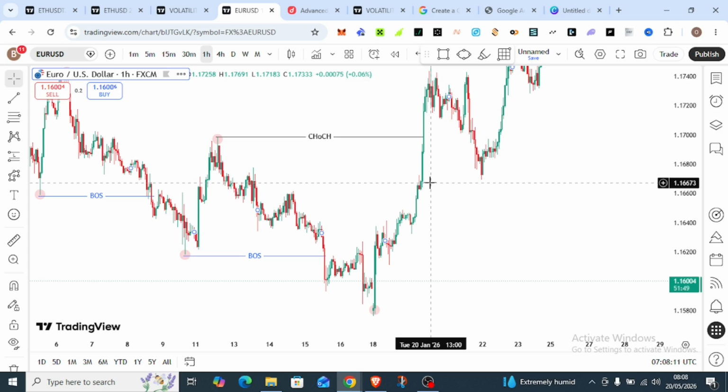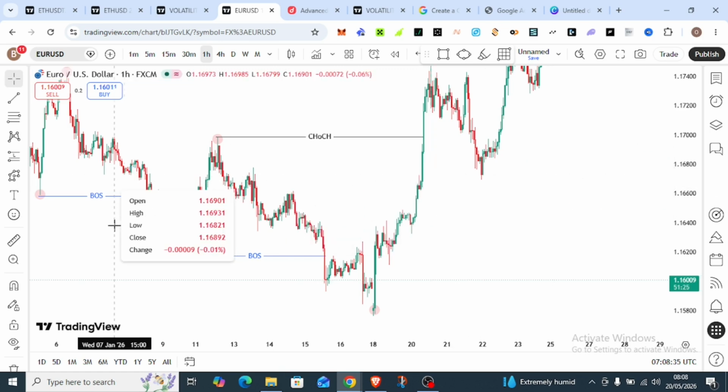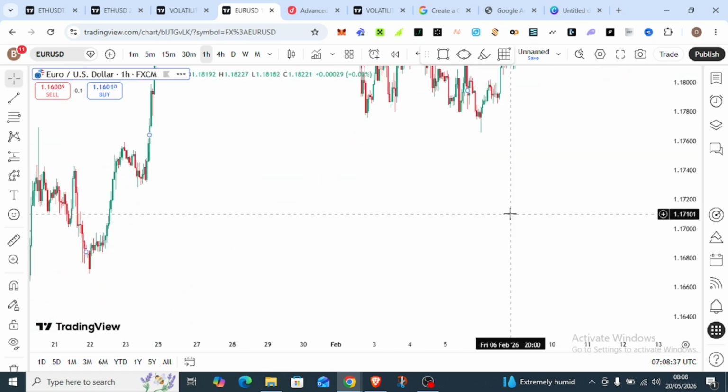It only gives an early warning that momentum may be shifting. This is why smart traders wait for confirmation like one, retests, two, liquidity sweeps, fair value gaps, or strong bullish or bearish candles. So let's look at how to trade change of character.